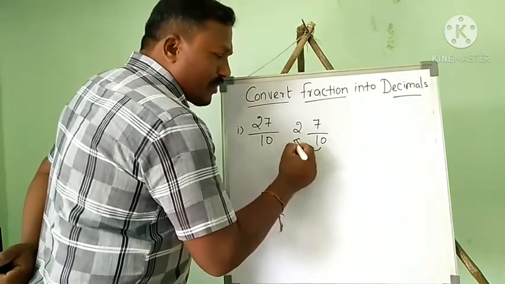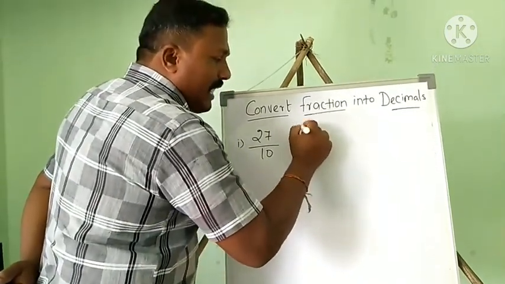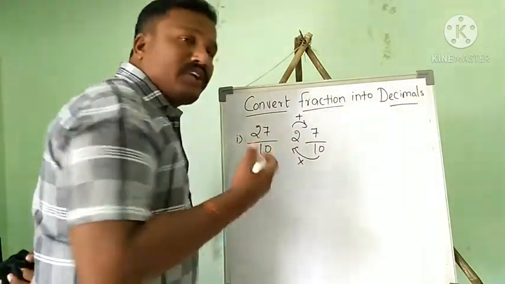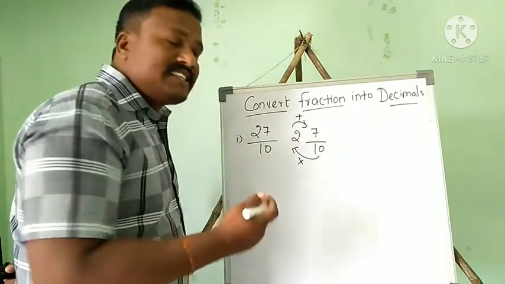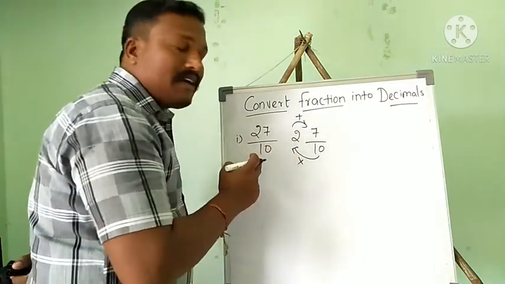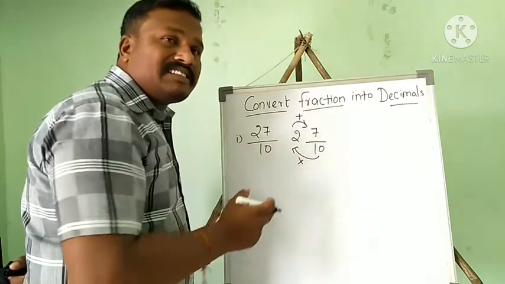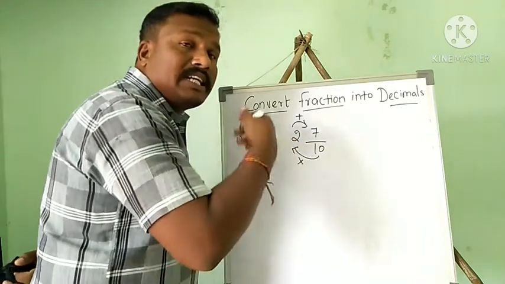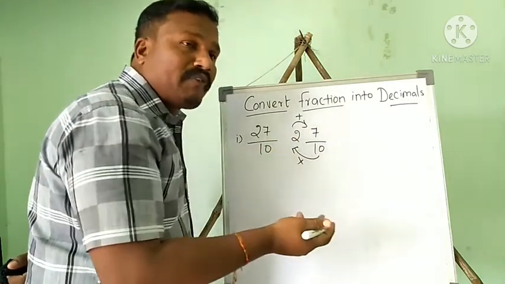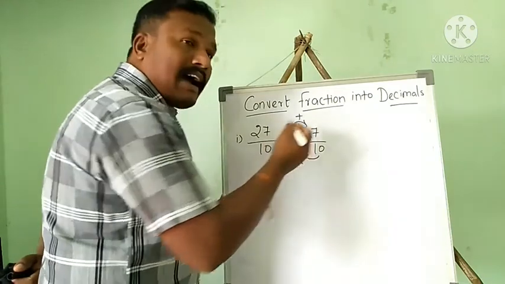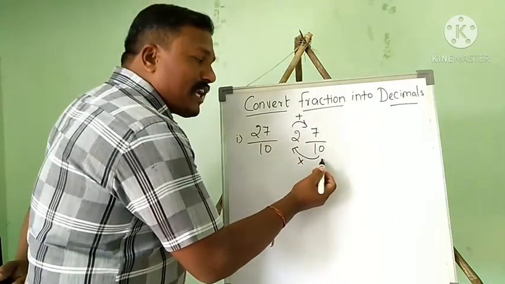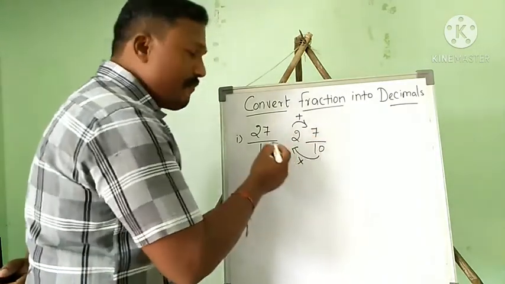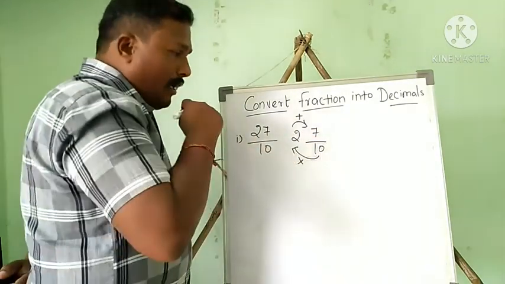So you have to multiply here, then add. How do we say it's a mixed fraction? A fraction that has a whole number together with a fraction part is called a mixed fraction. So if you want to convert a mixed fraction into an improper fraction, you multiply the whole part with the denominator, then add the numerator, and you get the improper fraction.